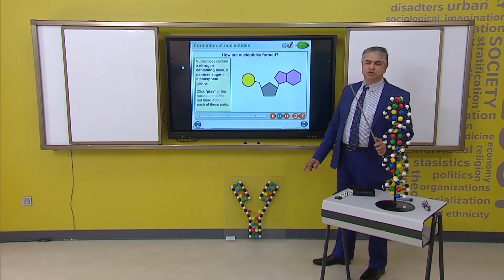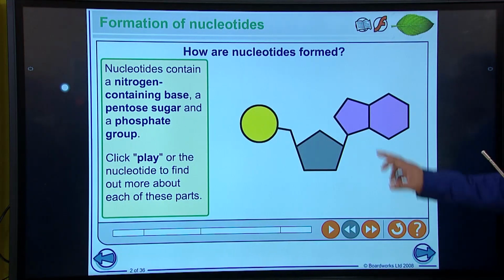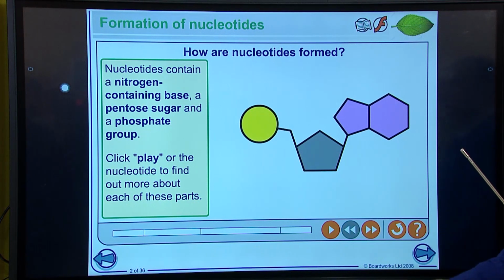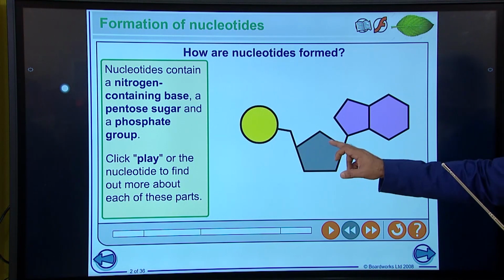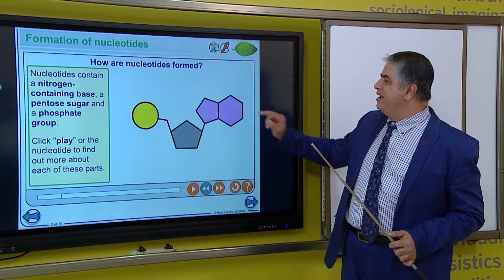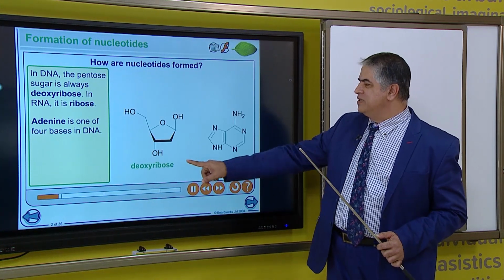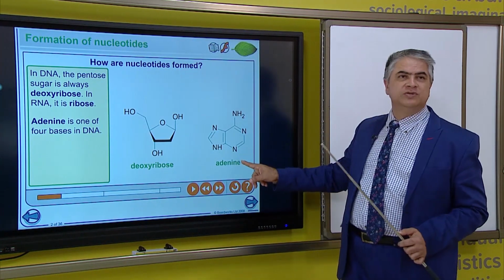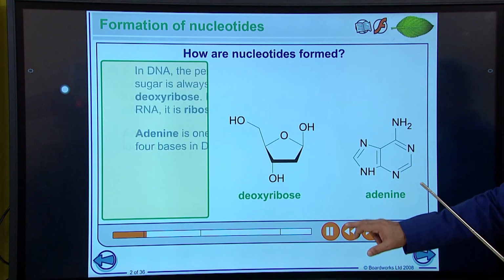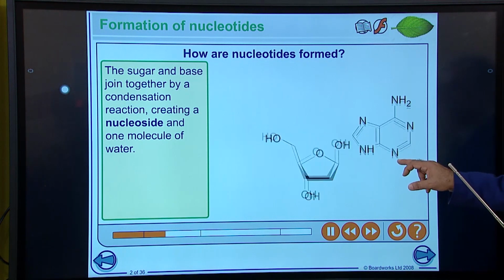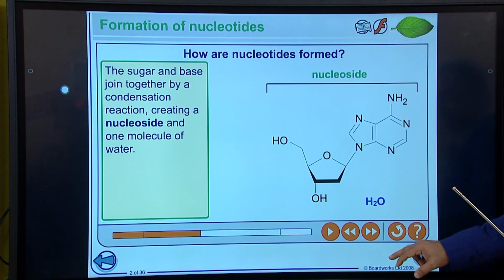We are now going to talk about the intricacies of the DNA molecule, which is the nucleotide. How is a nucleotide formed? It is formed with a phosphate, a sugar, and a nitrogen base, right? And this is, for example, deoxyribose. We're going to use an example called adenine. When these two join together by a condensation reaction, water is released.